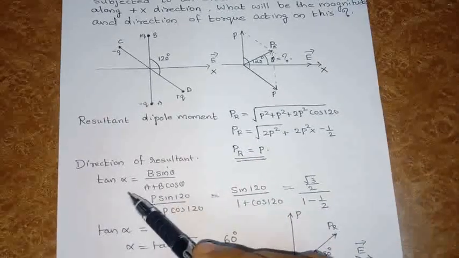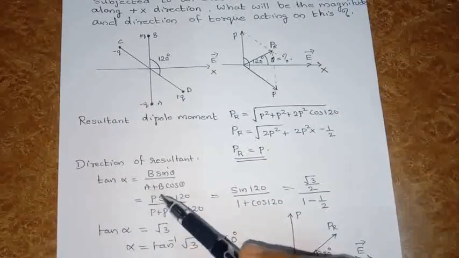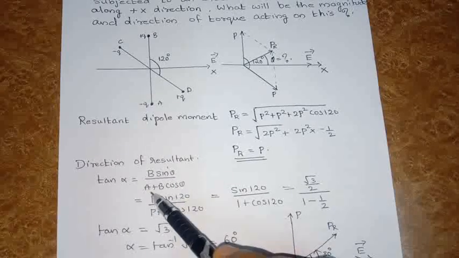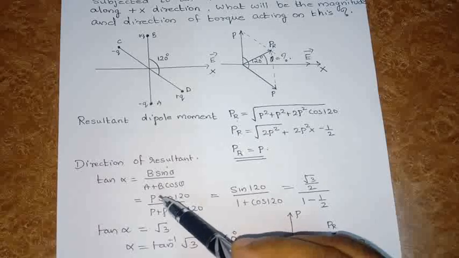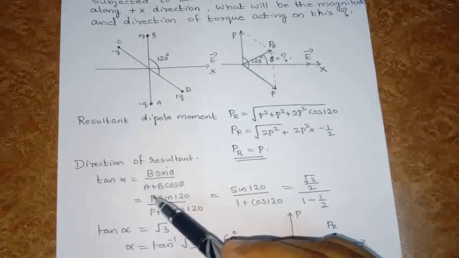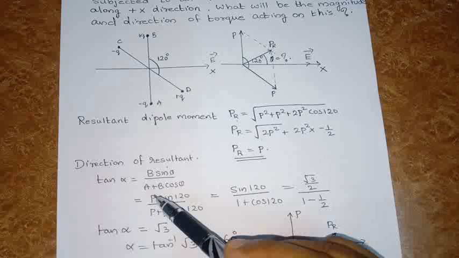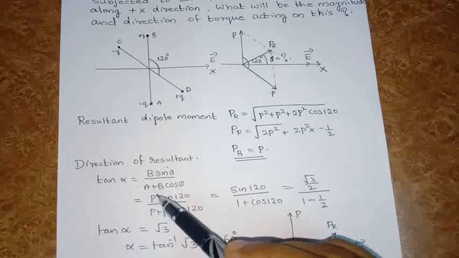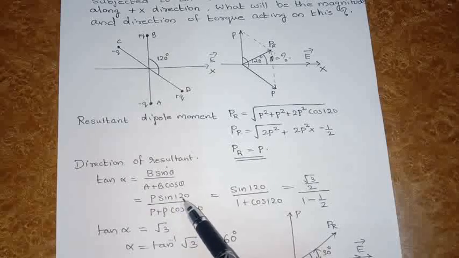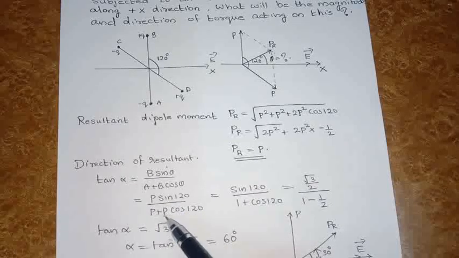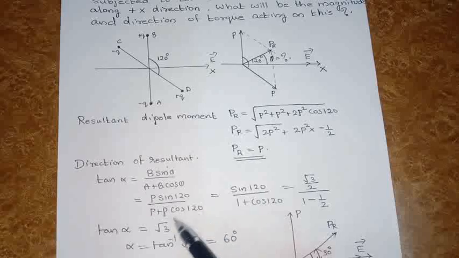Last year we studied how to find direction. Tan alpha is equal to B sin theta divided by A plus B cos theta, where A and B are the first two vectors. Here the first vector is dipole moment P, and the second vector is also dipole moment P, therefore it will be P sin 120 divided by P plus P cos 120.